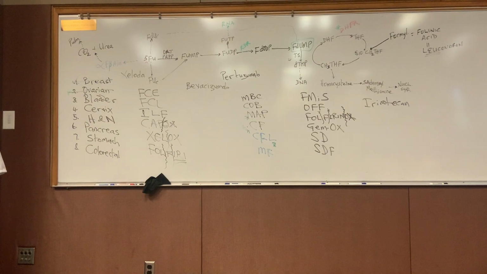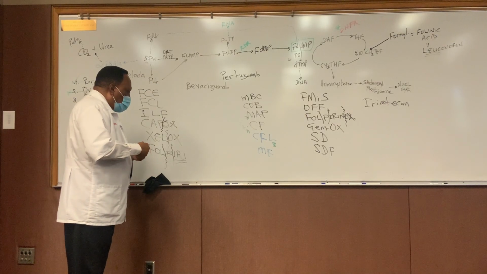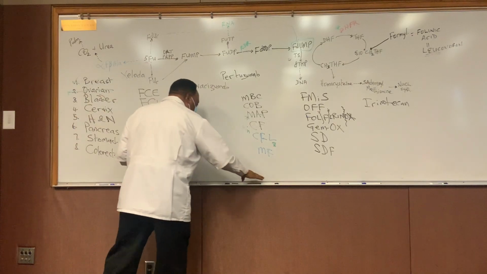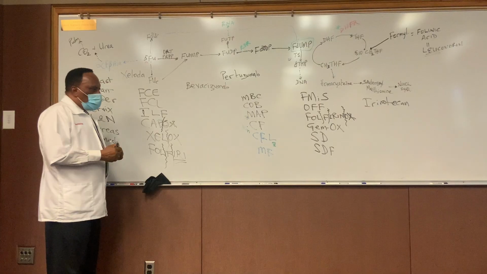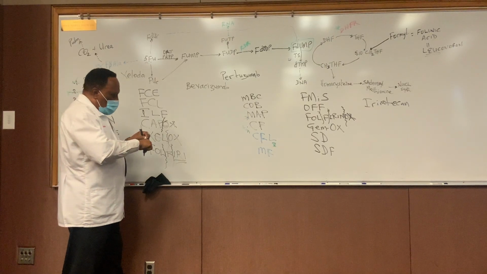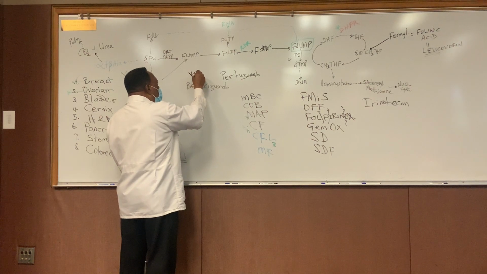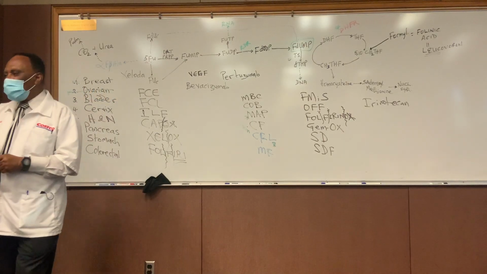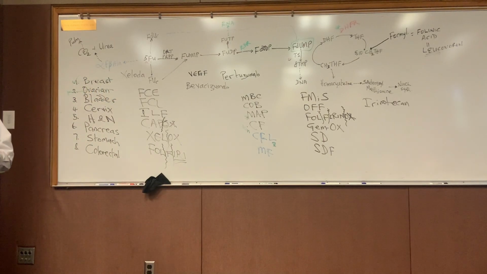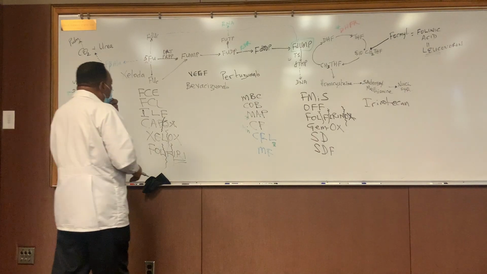So it can inhibit the movement of your cancer from one tissue to another. But bevacizumab is an inhibitor of VEGF receptors, vascular endothelial growth factor receptors. Okay.